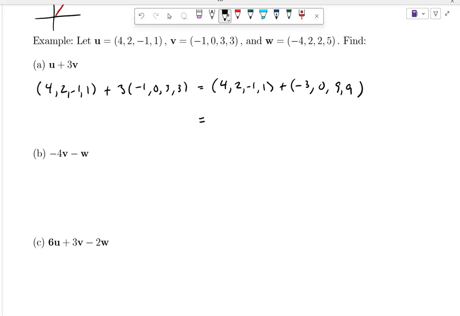And then add component-wise. 4 minus 3 is 1. 2 plus 0 is 2. Negative 1 plus 9 is 8. 1 plus 9 is 10. Like I said, if you've dealt with vectors before, this is very familiar, right? Not new things that you've done at all.